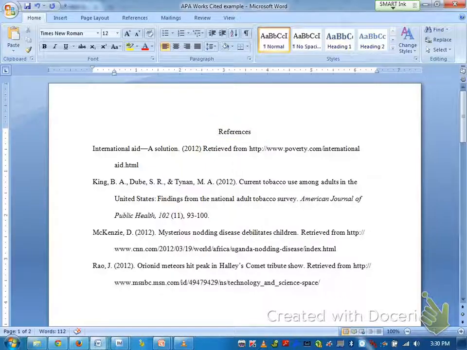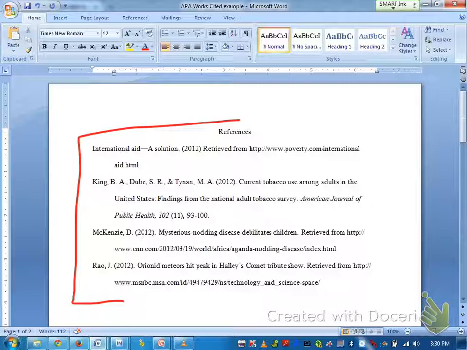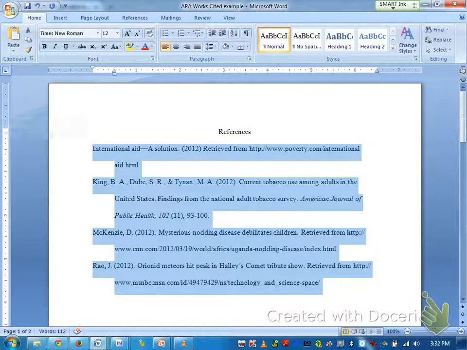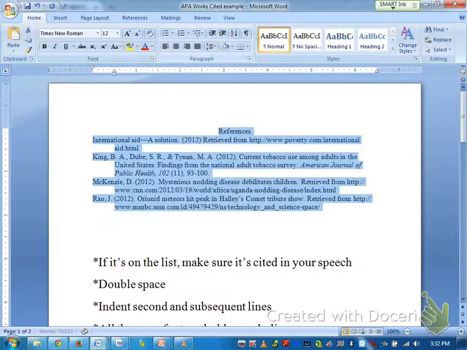A reference page is double-spaced. If I were to highlight this entire section and single-space it, everything would squish together with no lines, nothing between them. Everything would just smush together, including the reference section, and look like that.